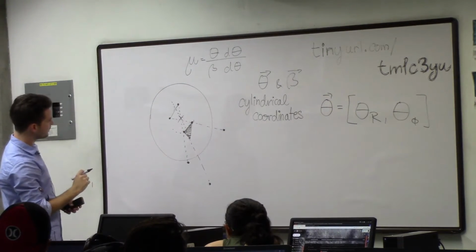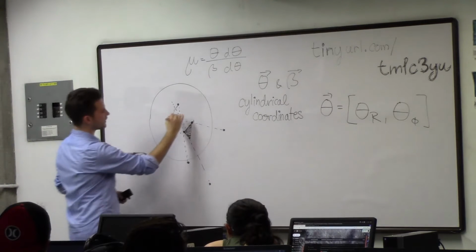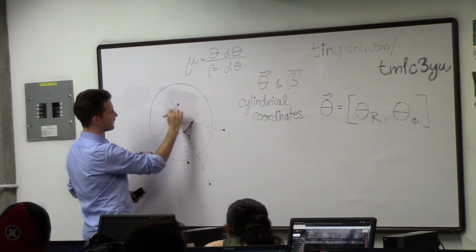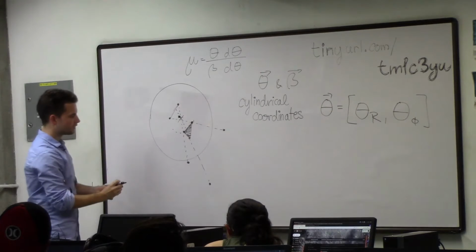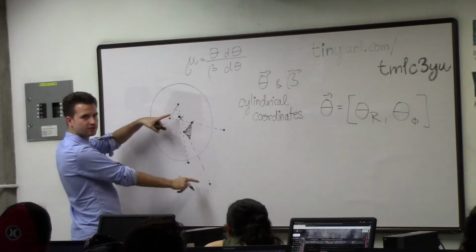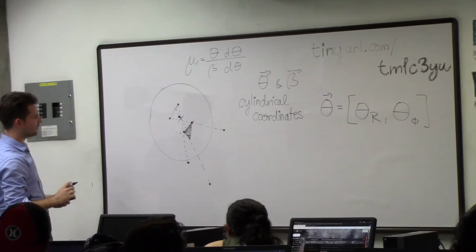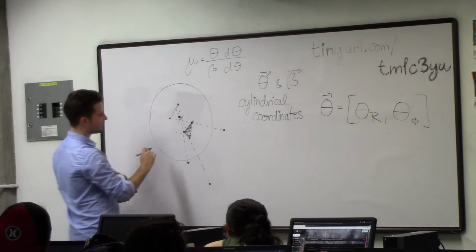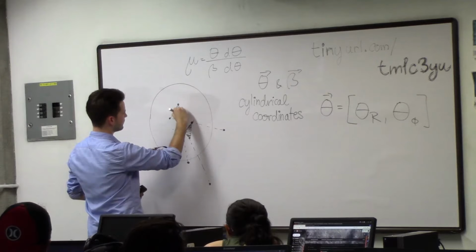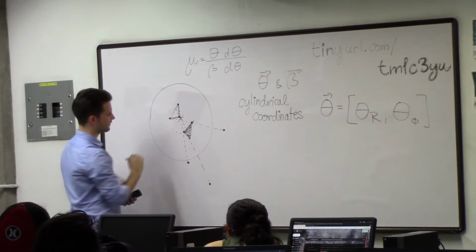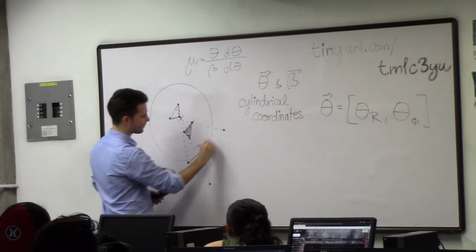Am I doing this right? No, the second image will be formed over here. Okay, I got confused myself. So the separation between the two images is roughly 2 Einstein radii always.